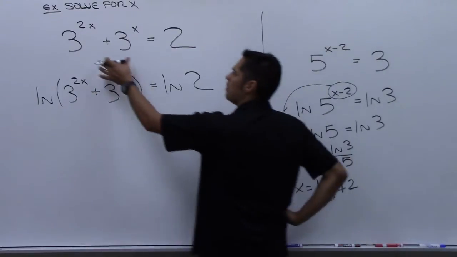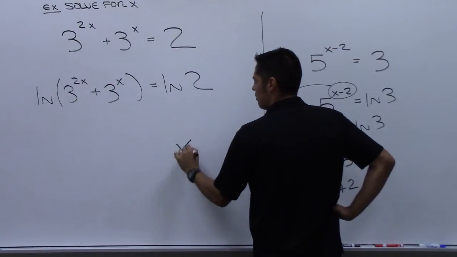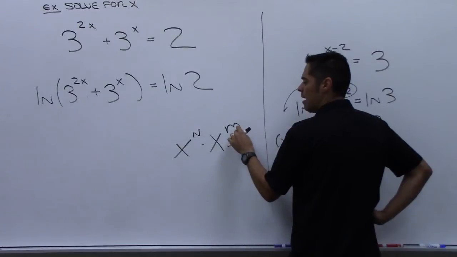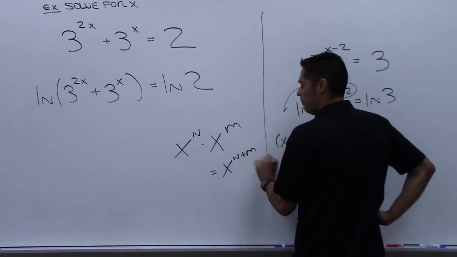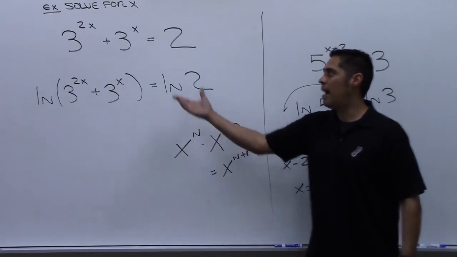I think what you're doing is trying to put these together and multiply these two together. Can't do that. What you can do is this: if you have x to the n times x to the m, same base, different powers being multiplied, that's x to the n plus m. But you have to have multiplication, which we don't have.